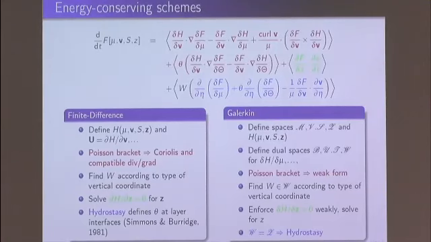This will actually be an equation to find Z. Hydrostatic balance in primitive equation models is how you find the height of each layer. And then these blue terms will define the value of theta at intermediate layers if you want to conserve energy. So that's something Simmons and Burridge did in an ad hoc way in 1981.